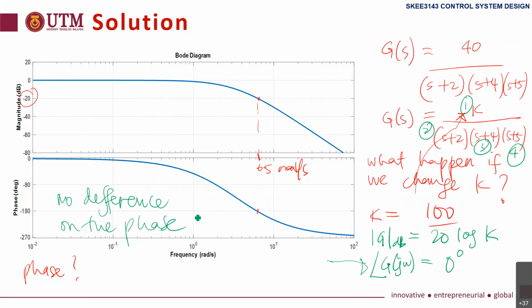No change in K, no change in the phase. Any value of K will make the phase similar to the previous one.